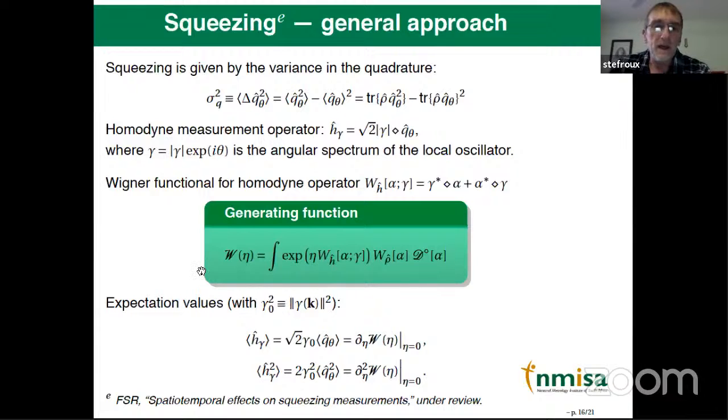Then I obtain a generating function for which, if I take the derivatives with respect to this generating parameter, I can obtain the first and second moments, and then I can use that to construct my variance.